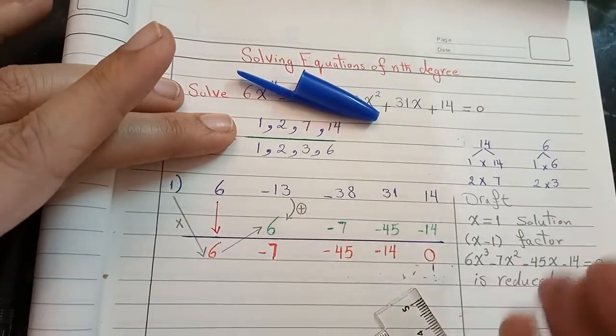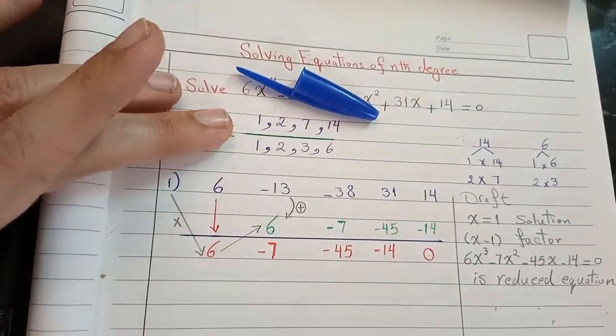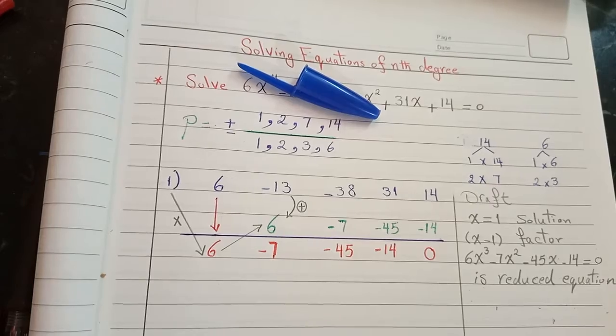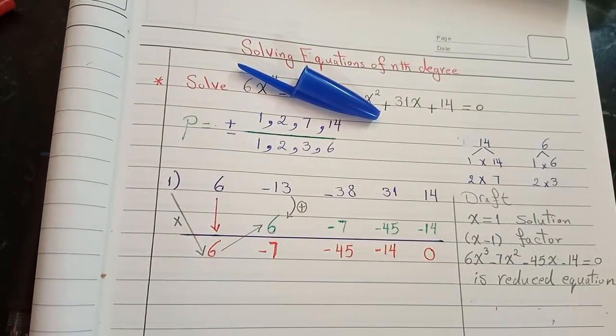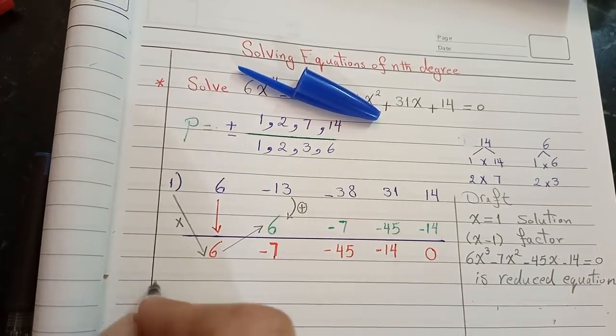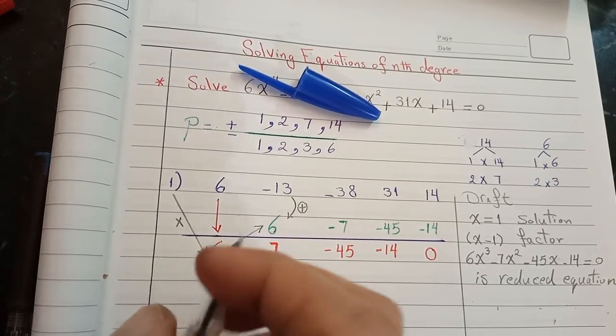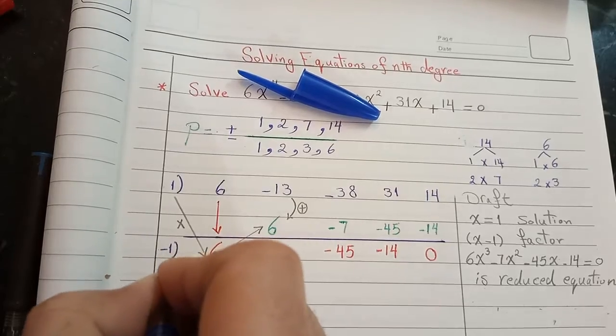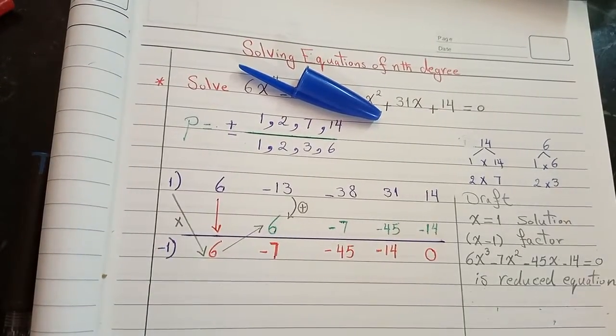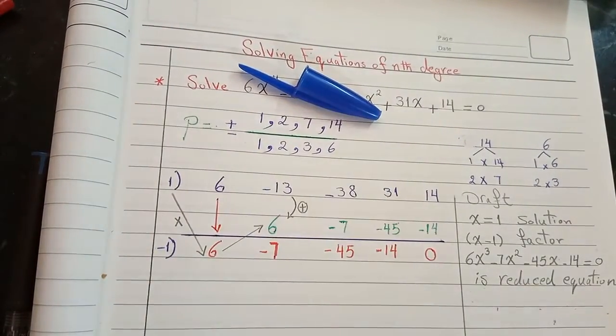Let's try out another number, -1. We tried +1, let's try -1. So I'm going to try -1 with these numbers that I already found.